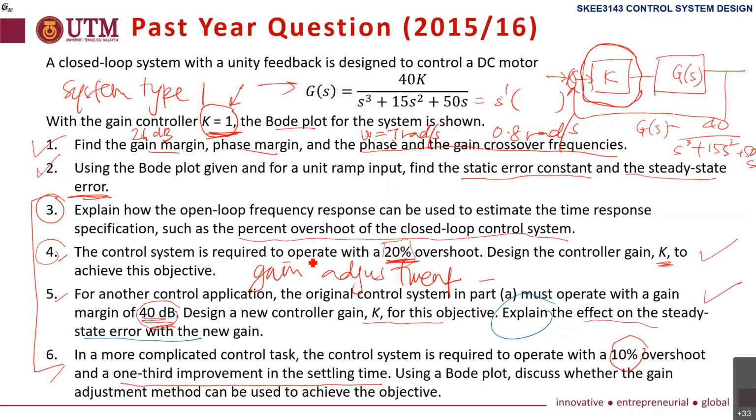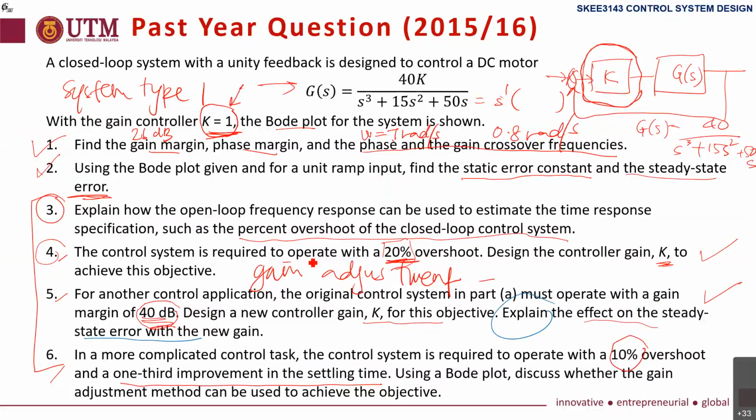We cannot use gain adjustment to achieve overshoot and gain margin at the same time. It cannot be done, because it will shift everything. You can change only once.